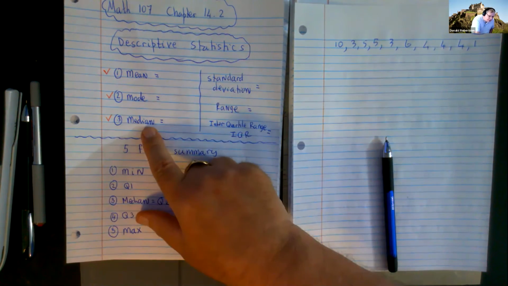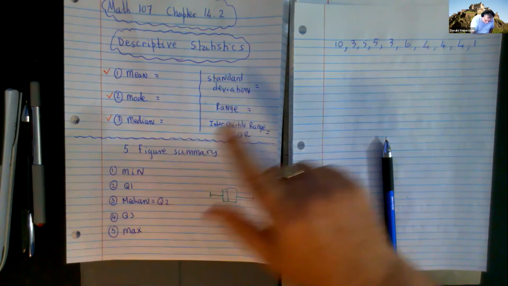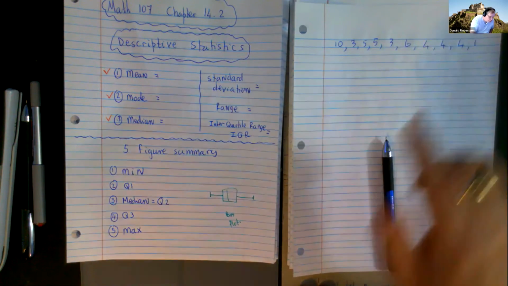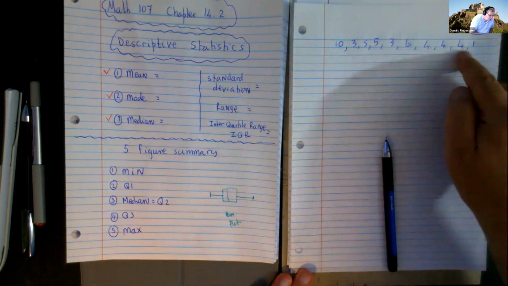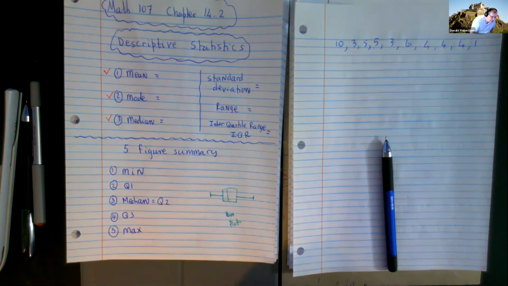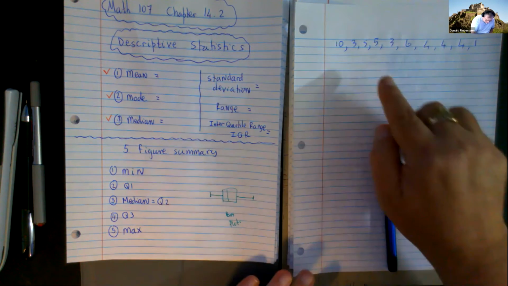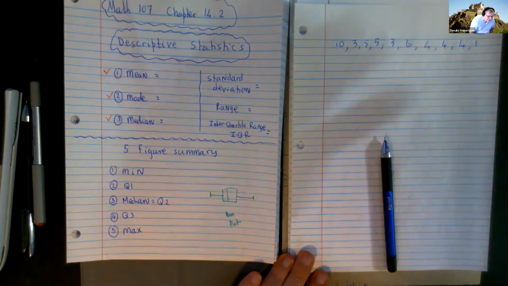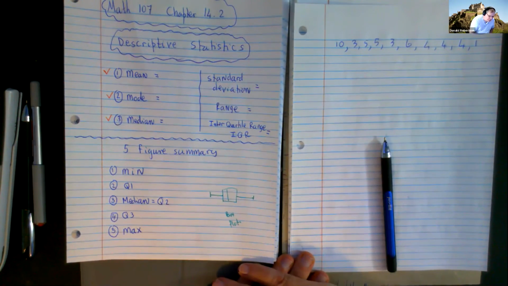The median is a pain in the butt one. I cannot find the middle number in this list, at least not the way they're written. Wouldn't I have to rewrite them from smallest to biggest? Right, so I'd start with a 1 and then a 3 and a 3 and a 4 and a 4 and a 4. That ain't too bad with 10 numbers. Do you really want to do it with 100 numbers?